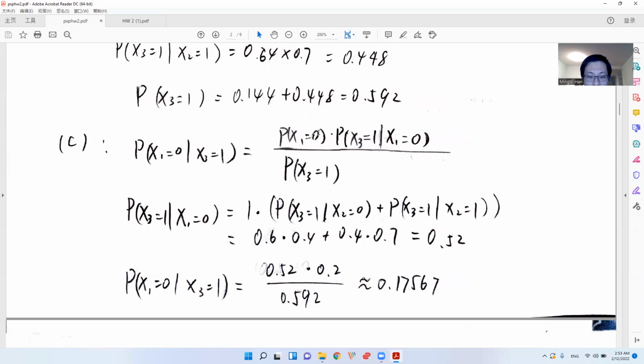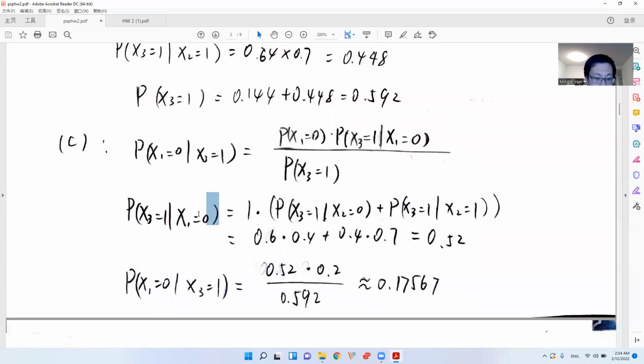So this has to be here, and this x1 equal to 0 just gets out from here. And by calculating this function, I can get this value. It's just plugging in the numbers.